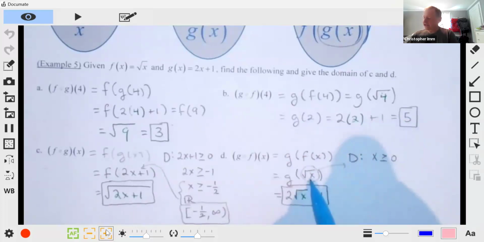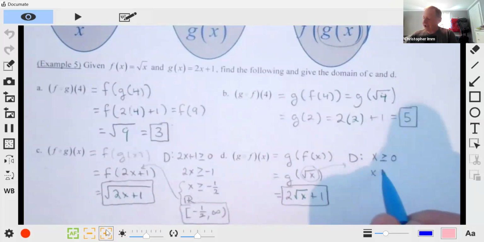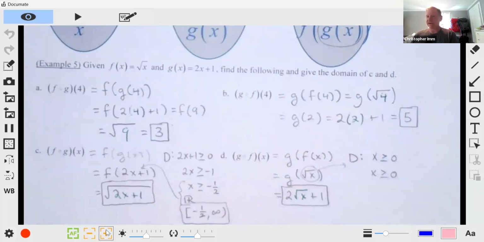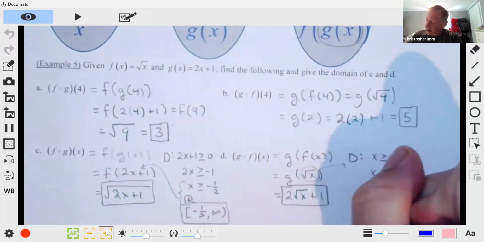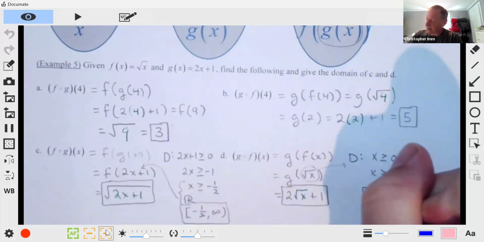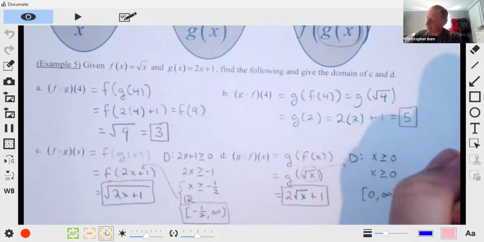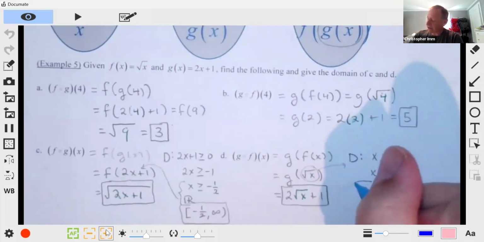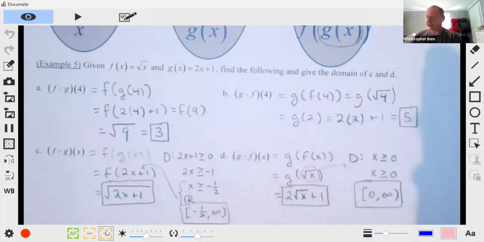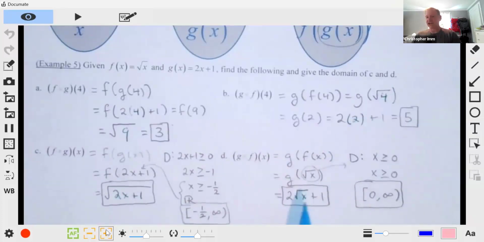Our inside function also says x has to be greater than or equal to 0. So when I take what's in common with both of those, x has to be greater than or equal to 0. So that'll be my domain for this one. What it's saying is for this function, I can plug in 0 to infinity. Anything positive or 0, nothing negative.